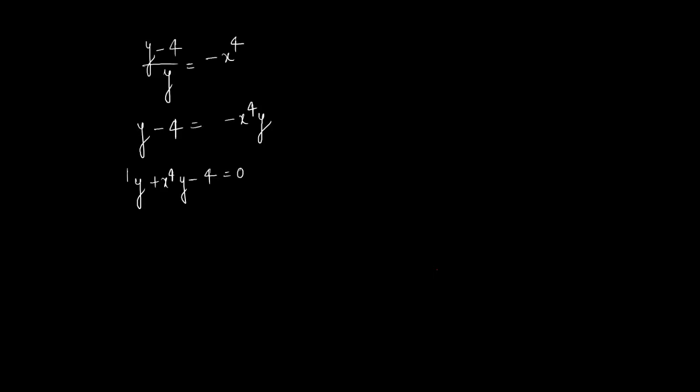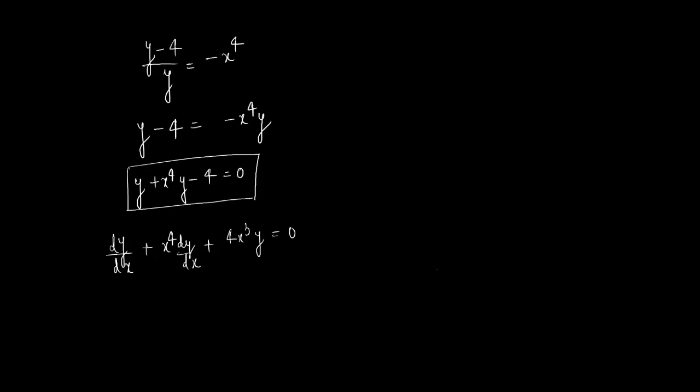Since this is our required equation, after differentiating the equation, y dy by dx plus x to the power 4 dy by dx plus 4x cube y is equal to 0. Dy by dx from here will be minus 4x cube y upon 1 plus x to the power 4.